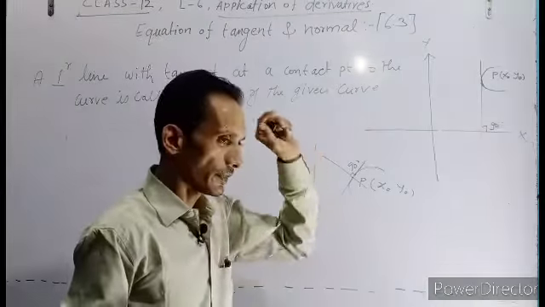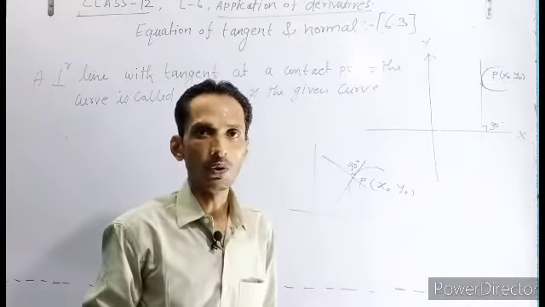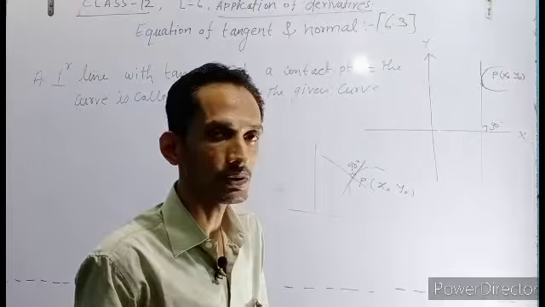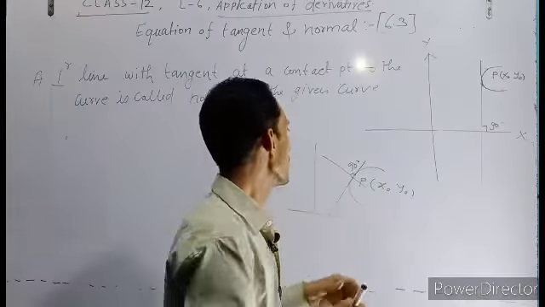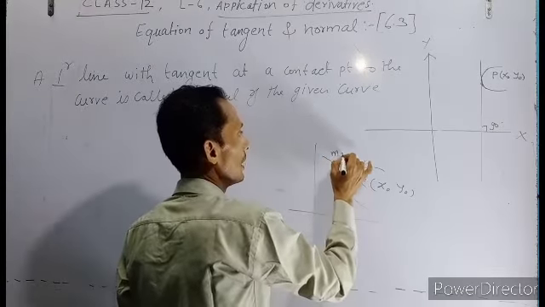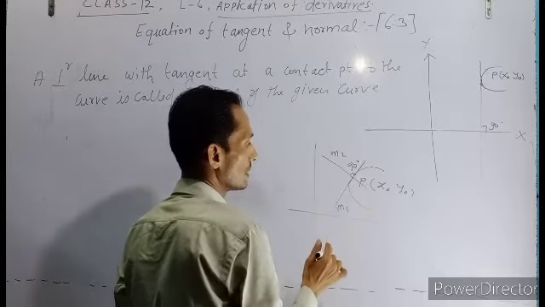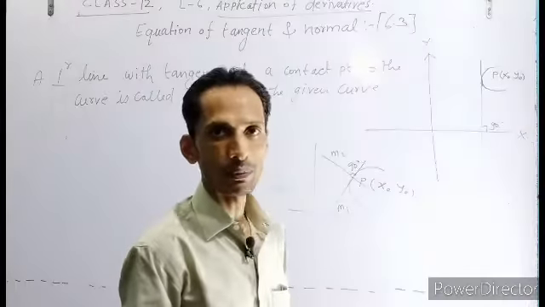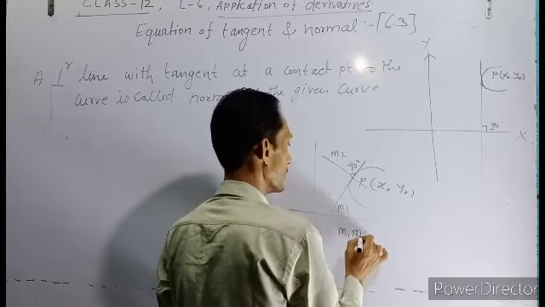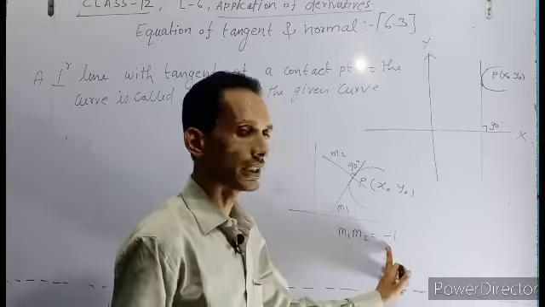You can see that the equation of this line and this line will be the same, with only a small difference, that is the slope. Suppose the slope of this line is m1 and this line is m2. You know the condition for two perpendicular lines with slopes m1 and m2 is that the product of slopes equals -1.